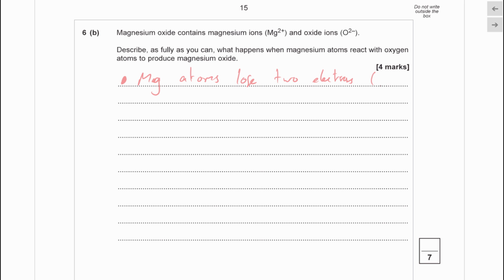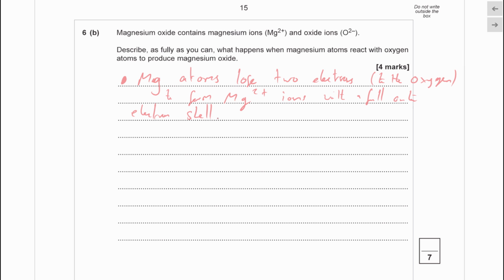I'm going to put in brackets here "to the oxygen", just because that will be my point on the oxygen, to form Mg 2+ ions with a full outer electron shell.